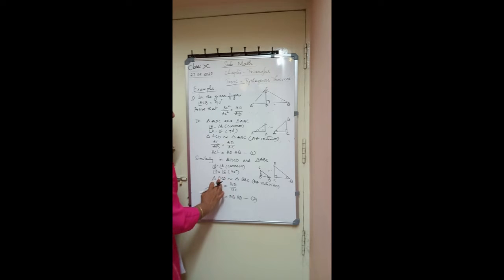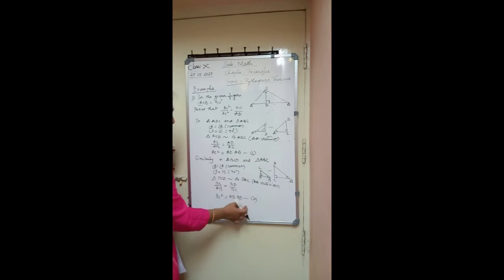Their sides are proportional. So BC is proportional to BA, that is AB, and BD is proportional to BC. On cross multiplying you will get BC square equals AB into BD.